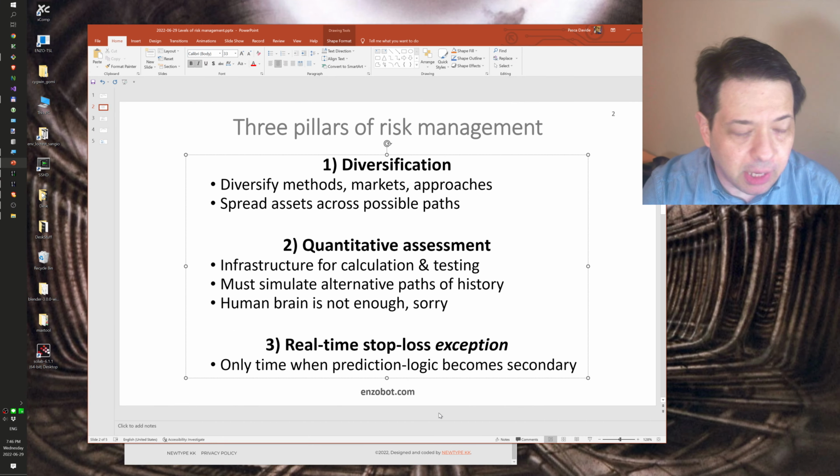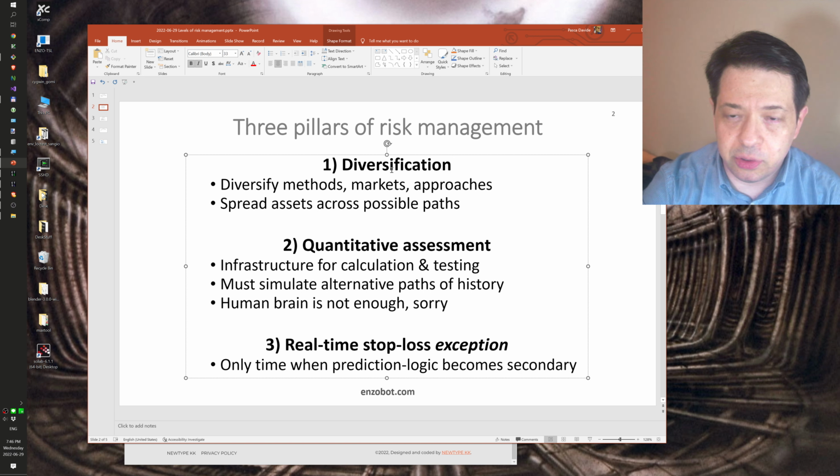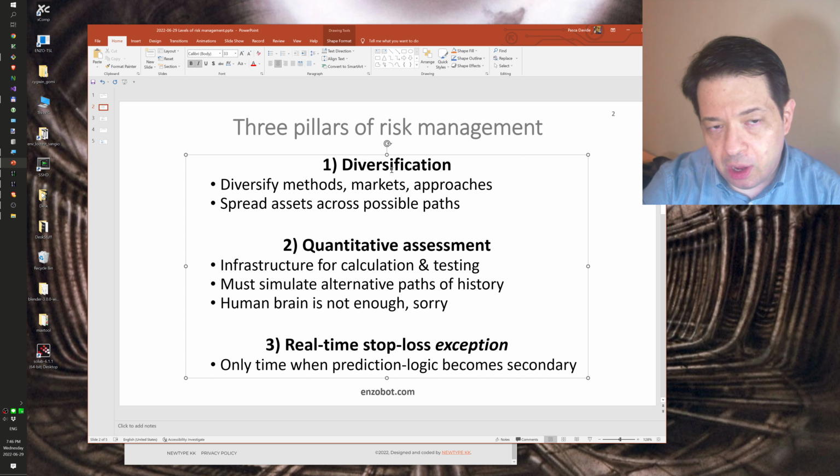I think that's a mistake, of course. We've seen how markets can all align with each other when there is a particular negative event. So those are the cases where you want to have a real-time stop loss, never without.